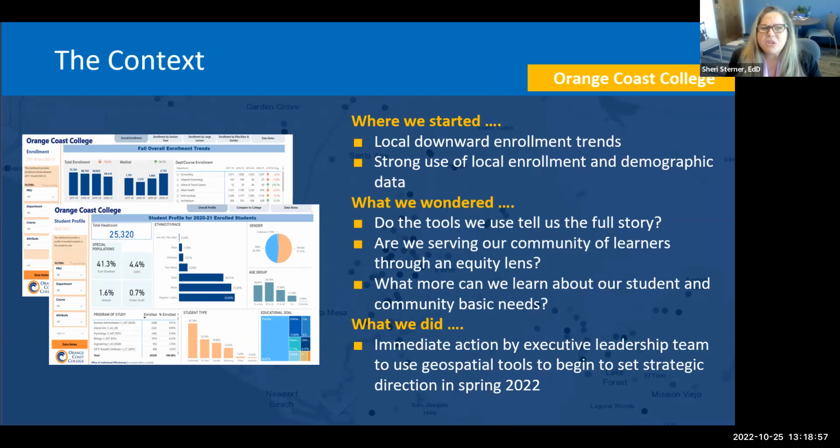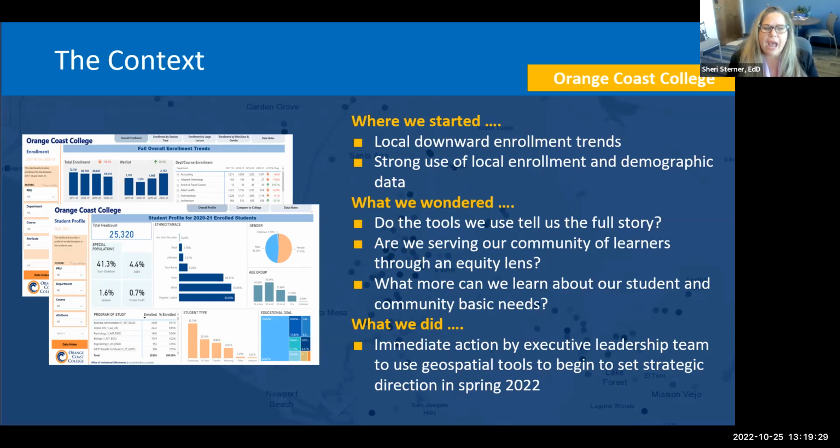When we really look at our students versus our community, are we serving our community? Do we have a full grasp when we look at that through an equity lens, through the different populations, and also the needs of those populations? One of the items that we at Orange Coast have focused on pre-pandemic, which was really amplified during the pandemic, was our student basic needs.